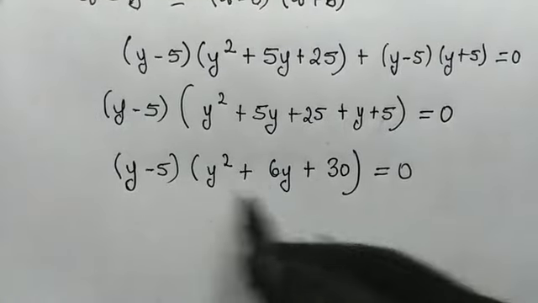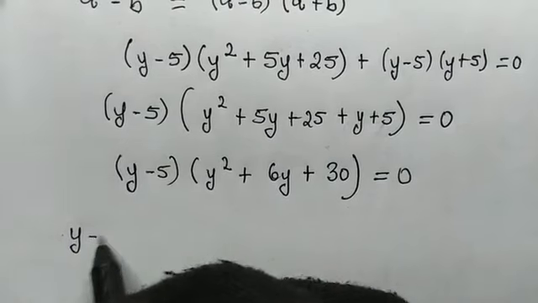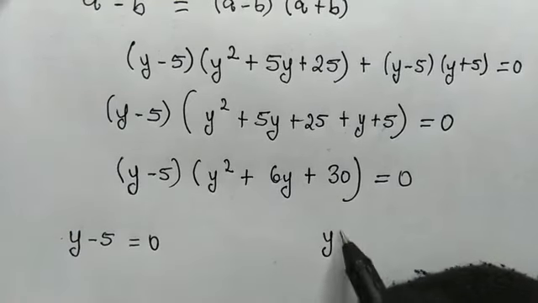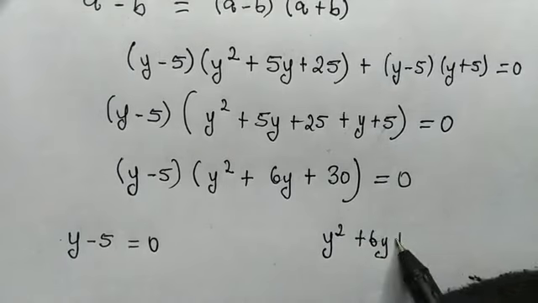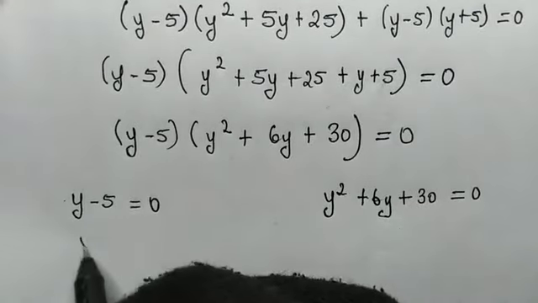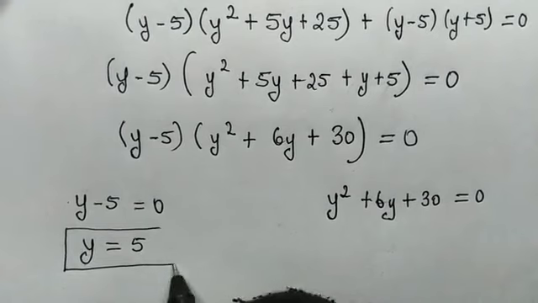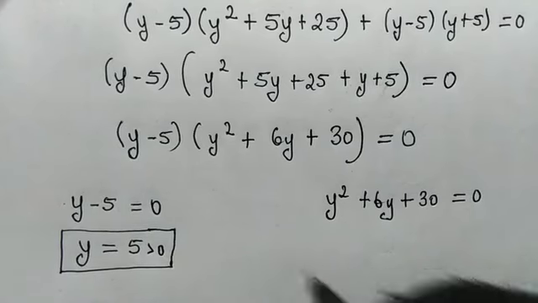So we have these two factors whose product is equal to 0. Either y minus 5 is equal to 0 or y squared plus 6y plus 30 is equal to 0. From here, add 5 to both sides, so we get y is equal to 5. And we can see that this is indeed greater than 0, right?